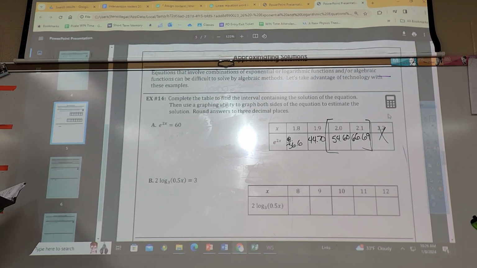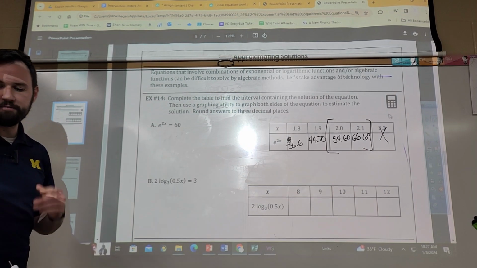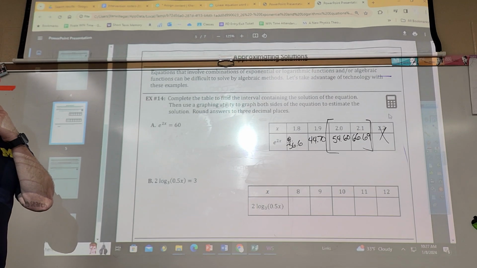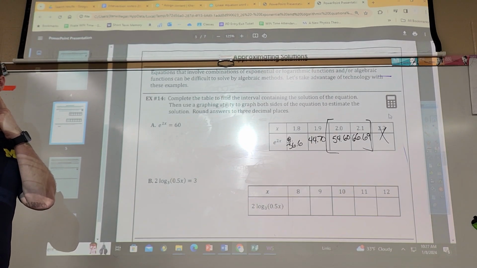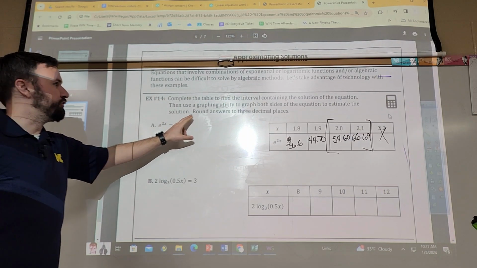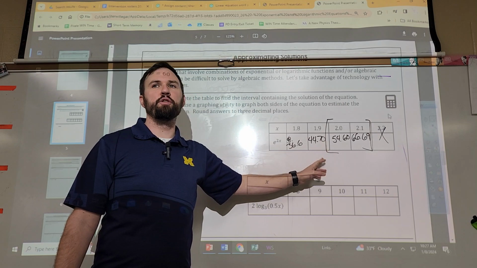Which one's it closer to, 2.0 or 2.1? 2.0, right? Now, we could do multiple things with that. We could take it, graph it, and then use our graphing equality, and then we know it's between those two solutions, right? Or that'll help.